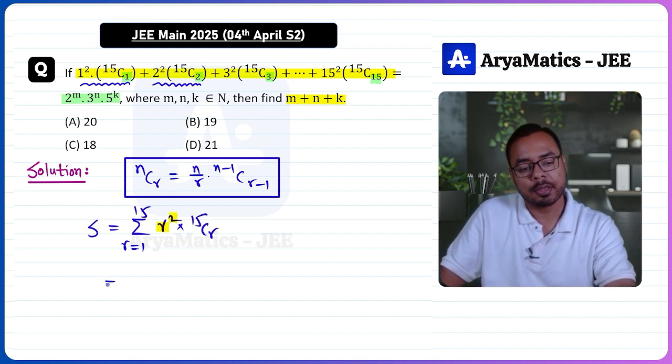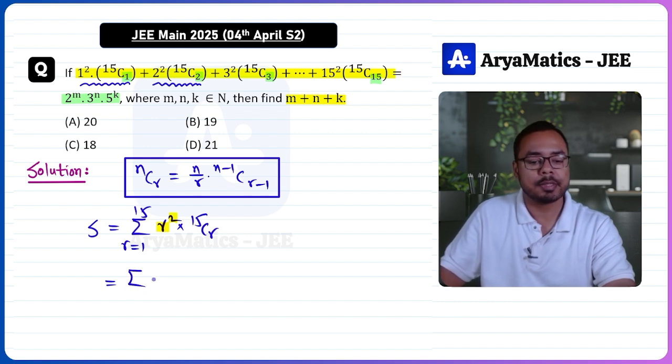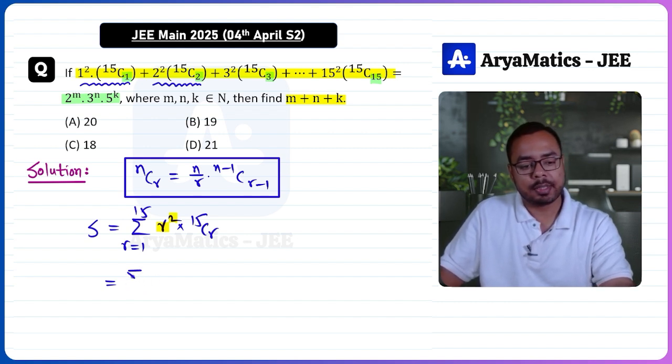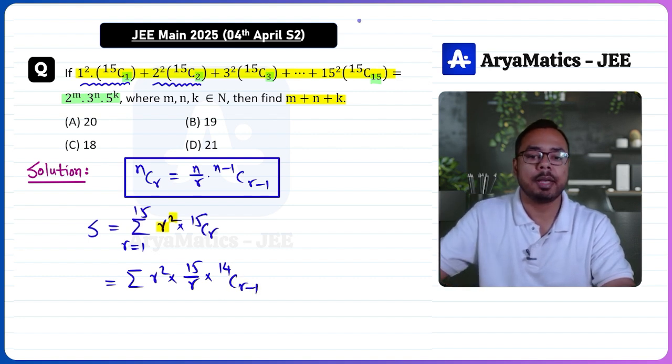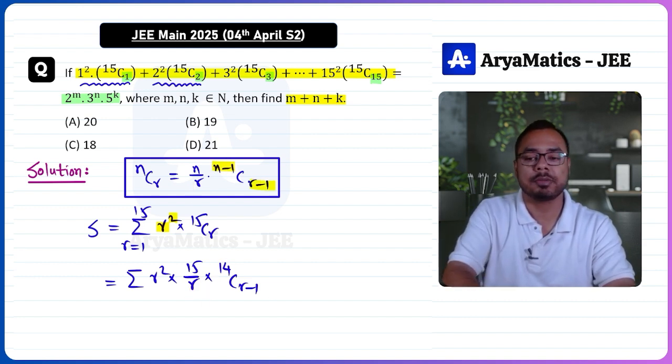That means you can write this sum as r square multiplied by 15cr, so that is 15 by r, and this multiplied by 14c r minus 1, right? N by r, and then just decrease both of these by 1. So 15 by r into 14c r minus 1.